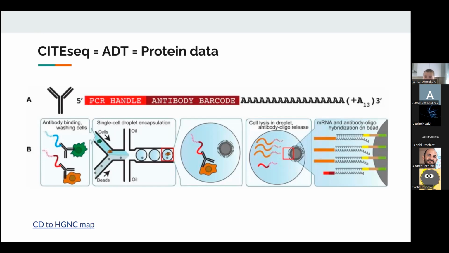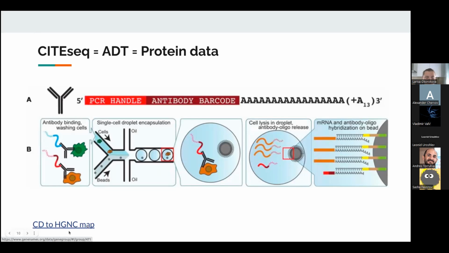The antibodies are important. Sometimes you can design very good ones and they will work perfectly. Sometimes antibodies do not work very well, and that is just a biological variation behind it. So in the CiteSeq data, as far as I understand, we have almost 130 molecules which were assessed from the surface of the cells.